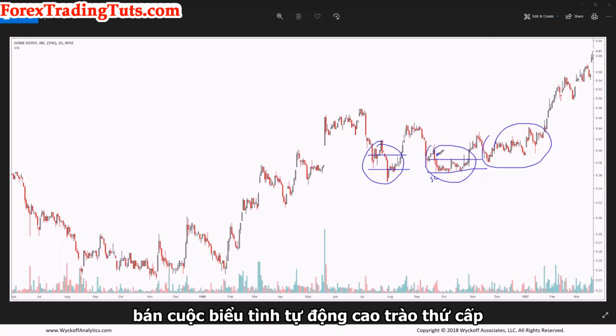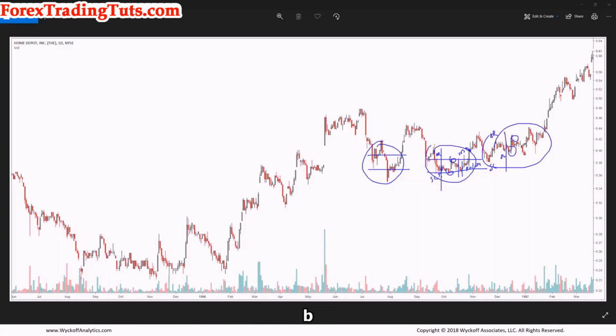Selling climax, automatic rally, secondary test, phase A, B, C, sign of strength, backing up action, or LPS, major sign of strength, major backing up action. Selling climax, automatic rally, secondary test, phase A, B, C, sign of strength, shakeout type of action in D, LPS, here we go.